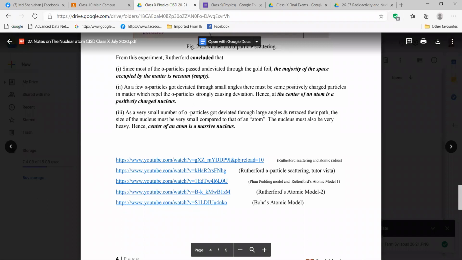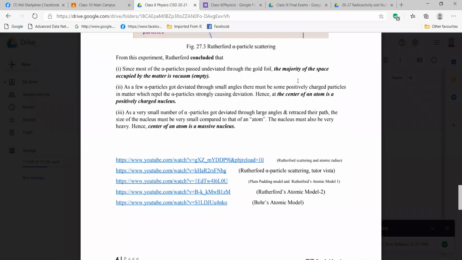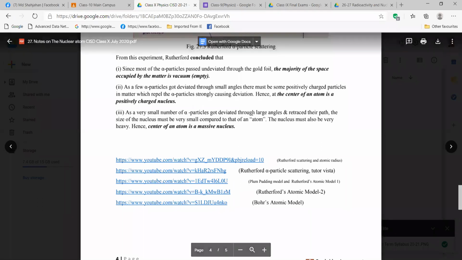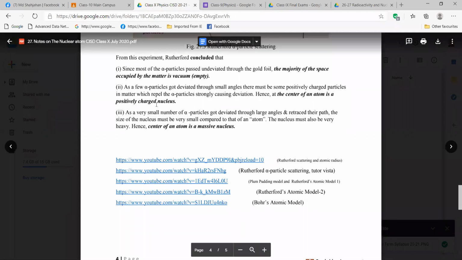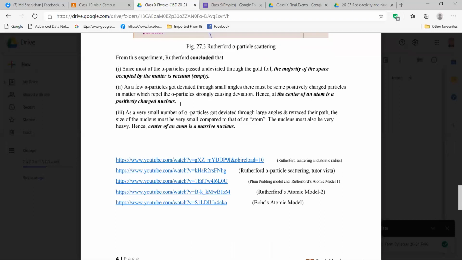So the alpha particle is positively charged, and the nucleus is also positively charged. Clear? So we are now getting the conclusion here.